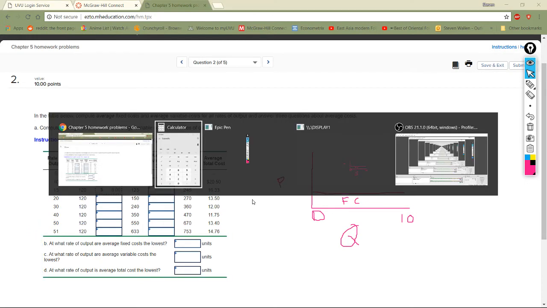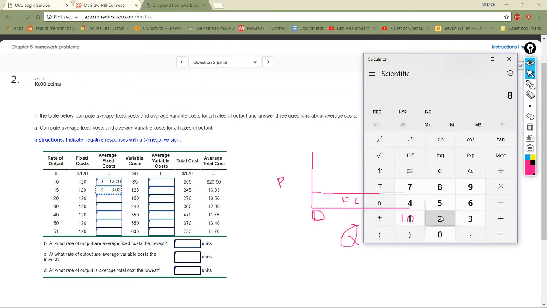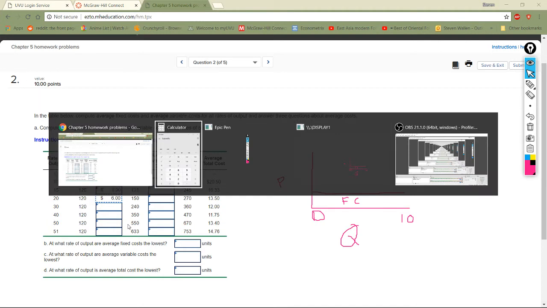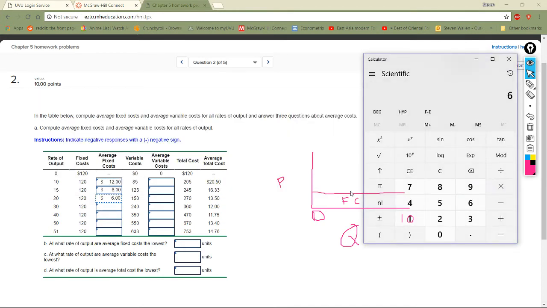Take notice. See what pattern is coming up, okay? I go 120 divided by 20. It's now at 6. Seeing a pattern? All right, keep a look at. Keep noticing this pattern. Now we're going to do 120 divided by 30.